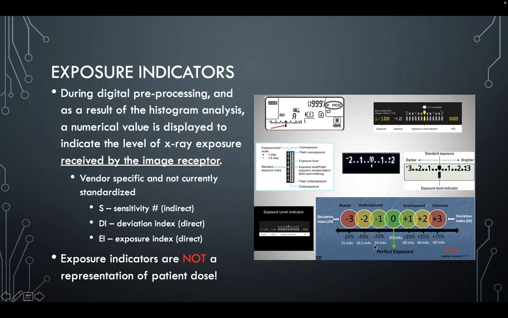So it got a little less than it was expecting, and my exposure indicator, my DI number here, gave me a -1. It didn't quite get what it was expecting.